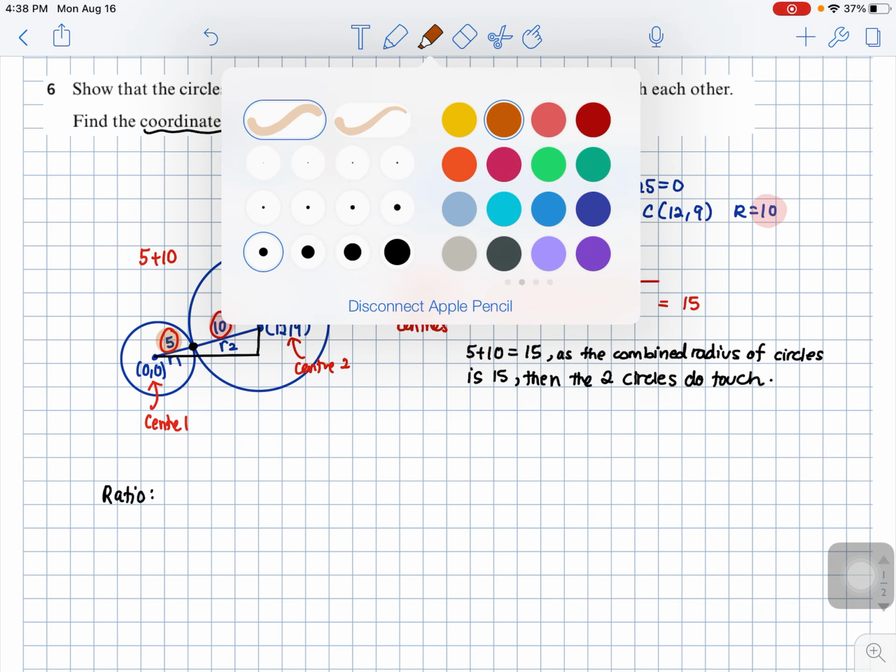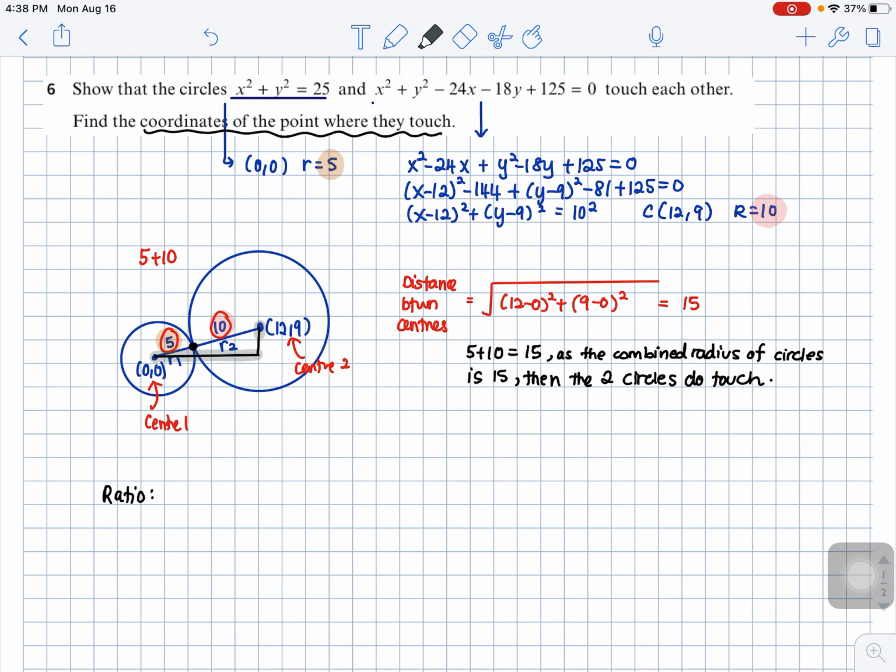Let's highlight this using gray color. And you know the length of all of these. This is (0, 0), this length is 12, this is 9, and this is 15. I have just proven it to be 15.